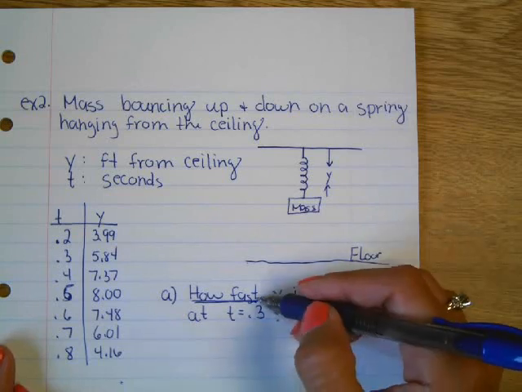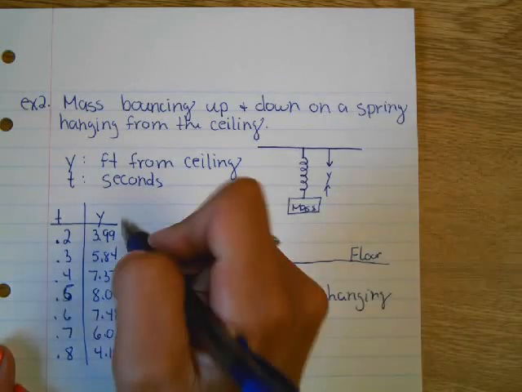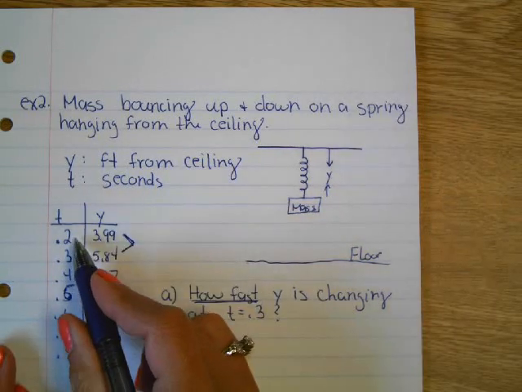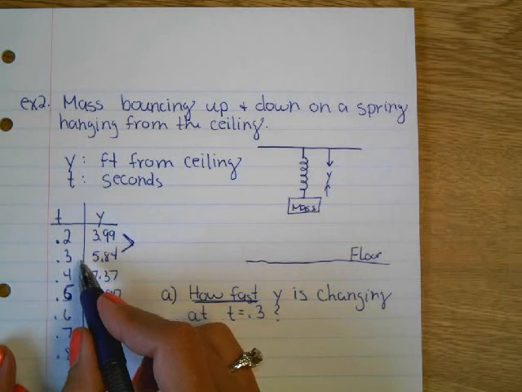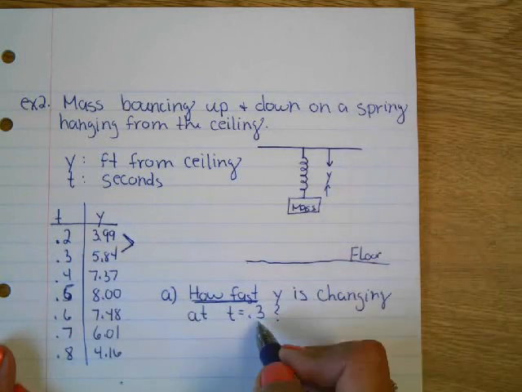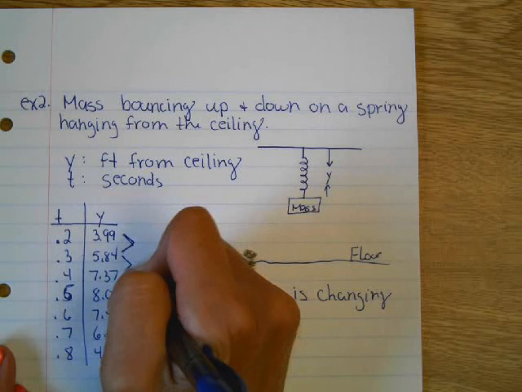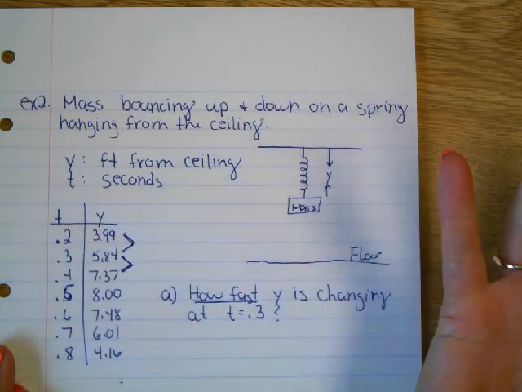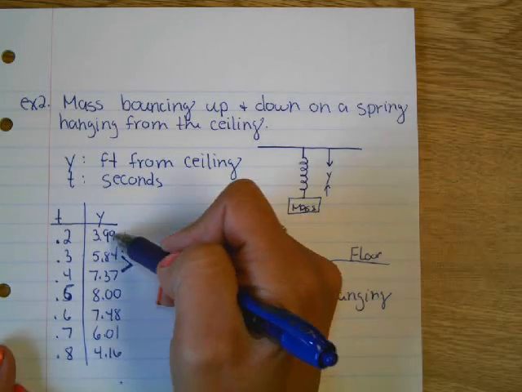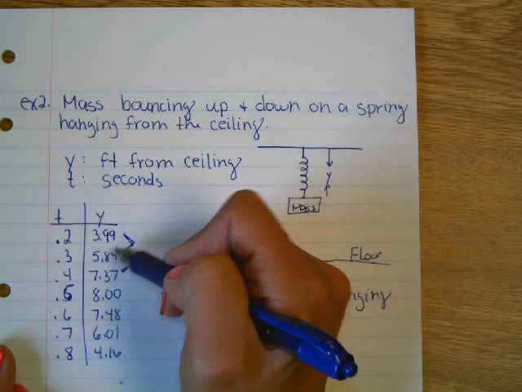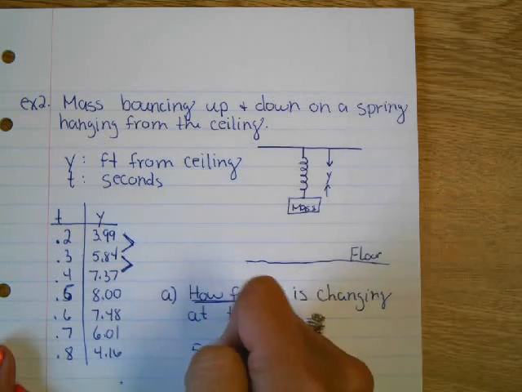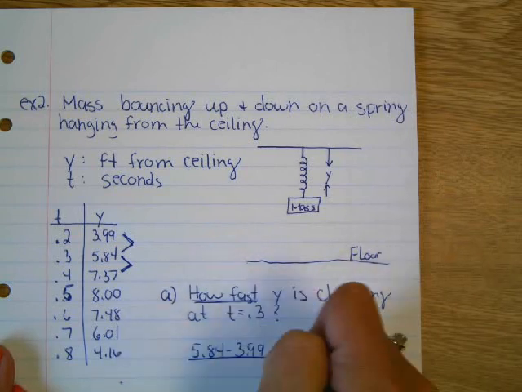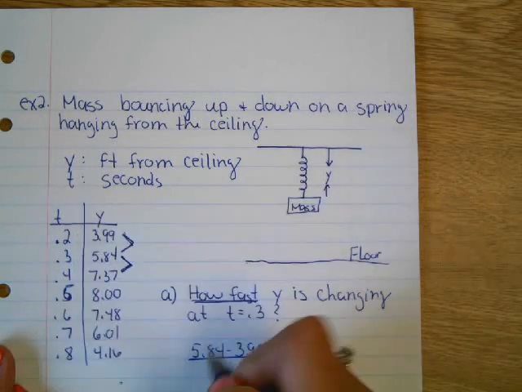So today, to do derivative, we're going to use what's called a 3-point table, where I'm first going to do what's happening right before and at, and then I'm going to do what's happening at and after my given t-value. So I'm going to do change in y over change in x, because that's what derivative does. It divides our variables. So I'm going to set up the first one, 5.84 minus 3.99, over the change in time, 0.3 minus 0.2.